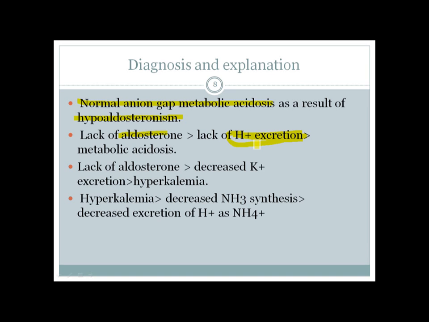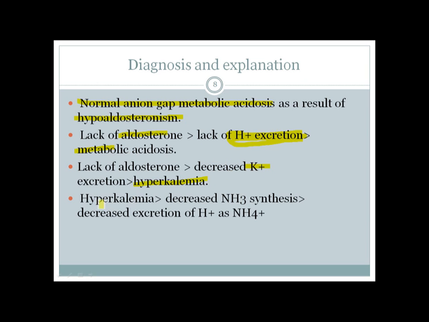One is increased reabsorption of sodium, and another is increased excretion of hydrogen ion and potassium ion. If aldosterone is normal, there will be normal excretion of hydrogen and potassium. But if you have a decrease in aldosterone, you can't excrete potassium and hydrogen. So hydrogen will build up, leading to metabolic acidosis, and potassium will build up, leading to hyperkalemia.